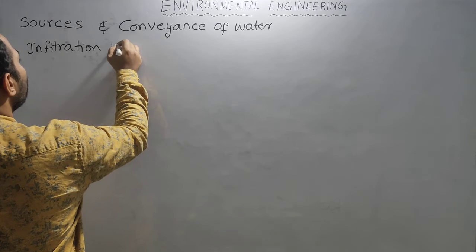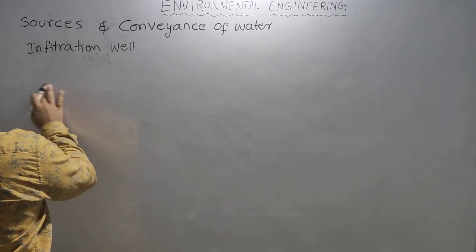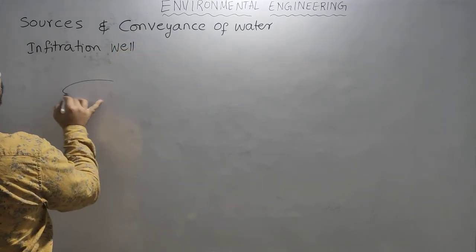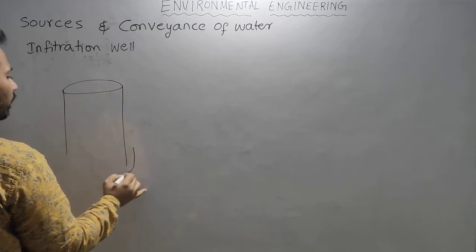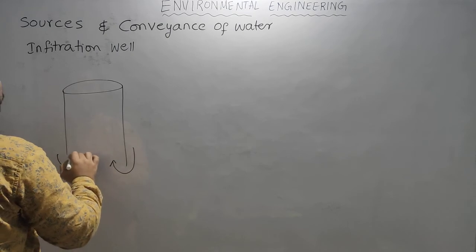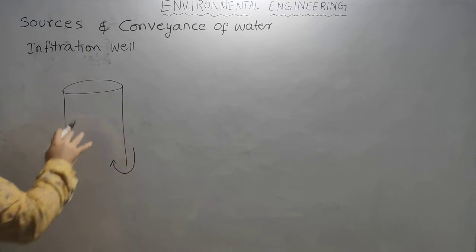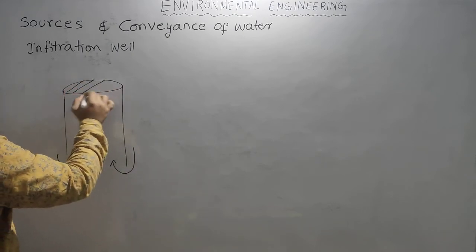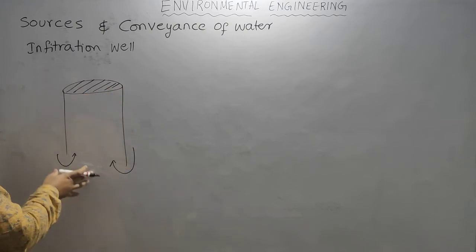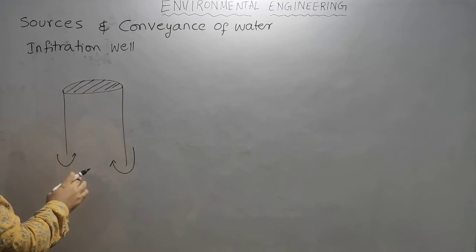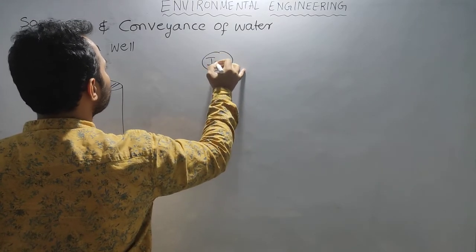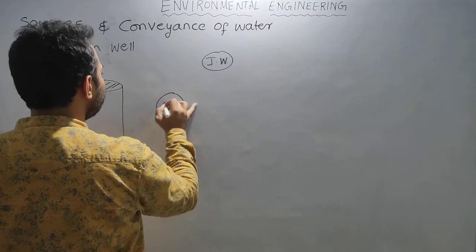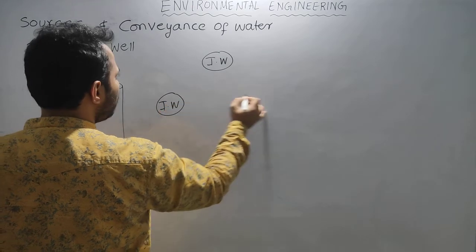Infiltration well: this is the top, and there will be water entering from the bottom. The top is closed and the water enters from the bottom into an infiltration well, and a series of infiltration wells are placed. These are the infiltration wells.